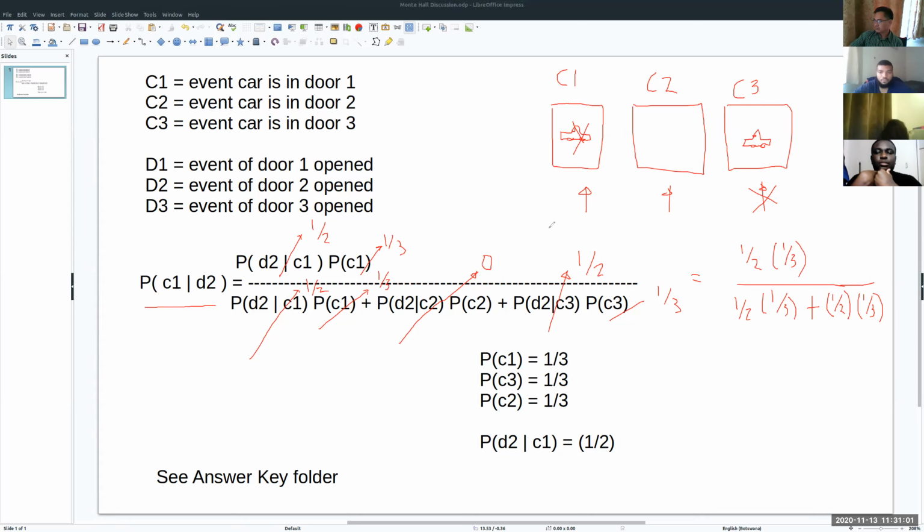That's 1/2, isn't it? Because the denominator is twice 1/2 times 1/3, and then you have 1/2 times 1/3 in the numerator. So they will cancel. So the probability is 1/2.